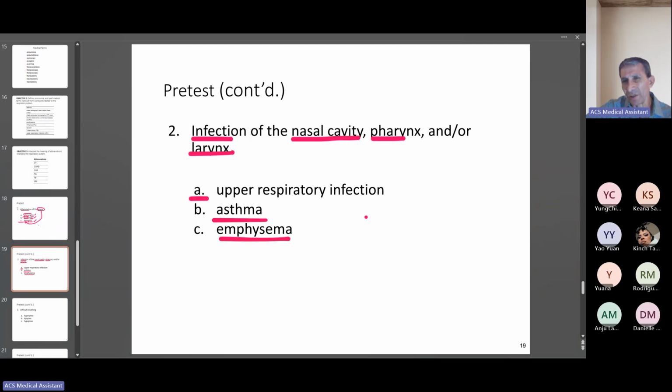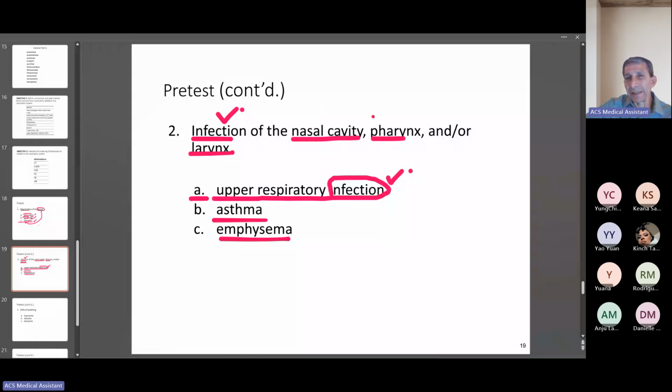Emphysema, this is secretion. It says infection, upper respiratory infection. Here you have the key. Now, what I'm trying to tell you is that when you read the questions, within the questions you have the answer. Right here it is infection, infection.